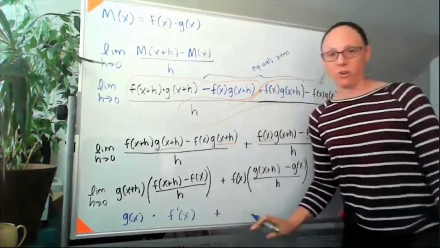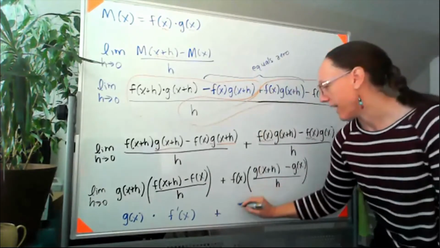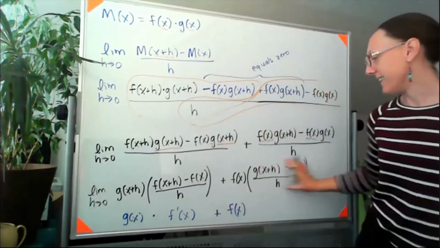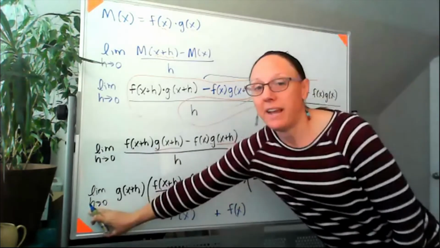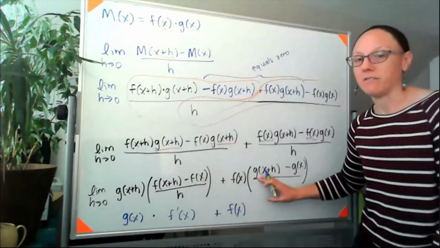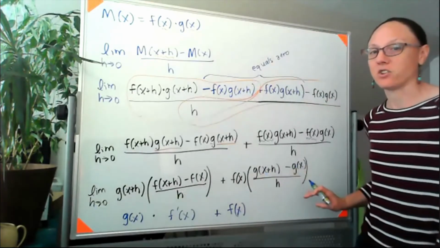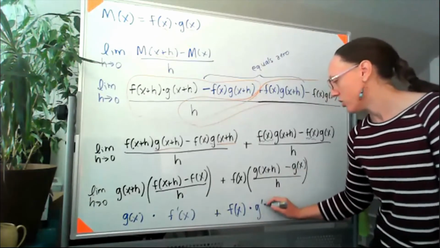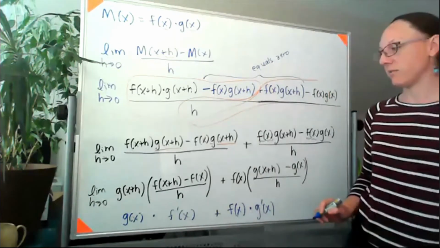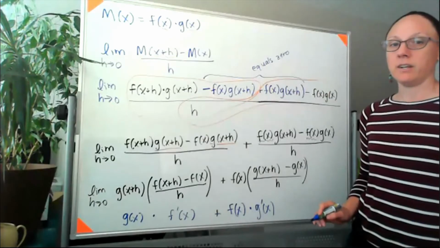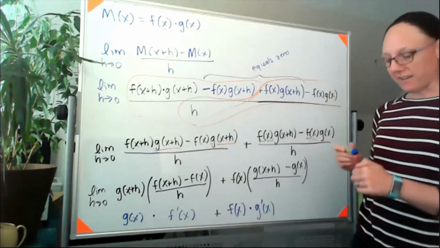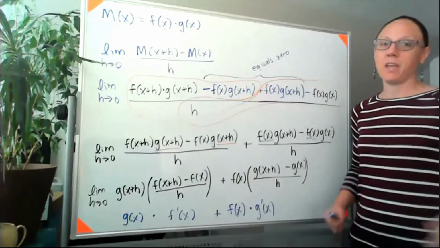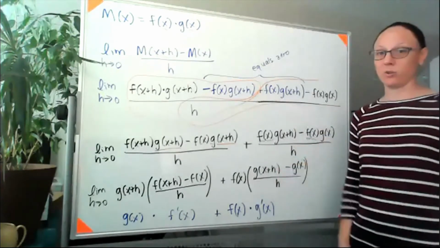And similarly over here, I've got that f of x, nowhere to plug in the 0 for h, and this piece, the limit as h approaches 0 of g of x plus h minus g of x all over h is g prime of x. That's all in the textbook in case my handwriting got messy, but here's the thrilling conclusion of all of that.